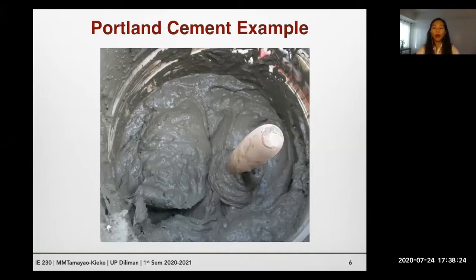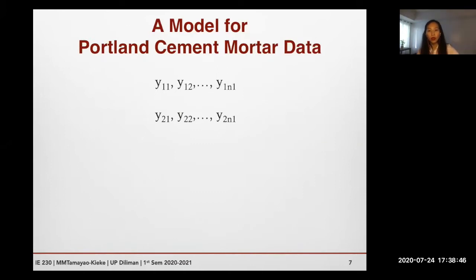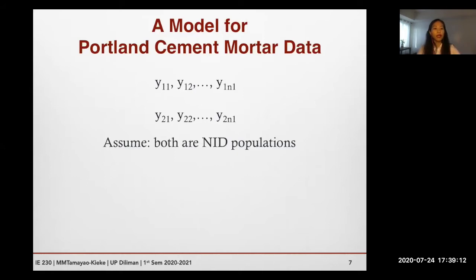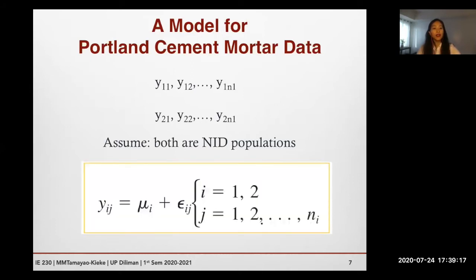Now let y11, y12 to y1n1 represent the n1 observations from the first factor level, and let y21, y22 to y2n2 represent the n2 observations from the second factor level. We assume that both samples are drawn from independent and normally distributed populations, or NID. Then a statistical model that can describe our data would be shown on the slide, okay?